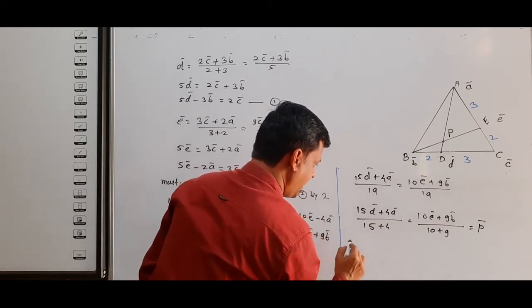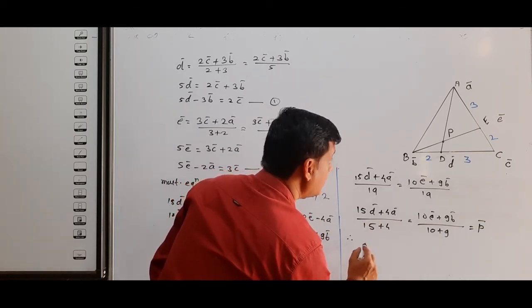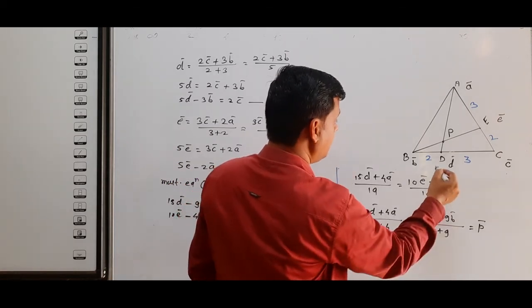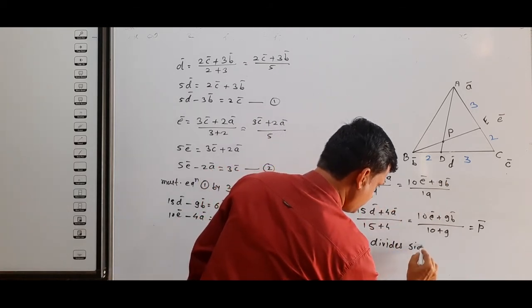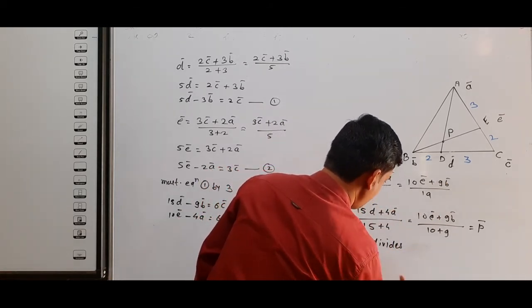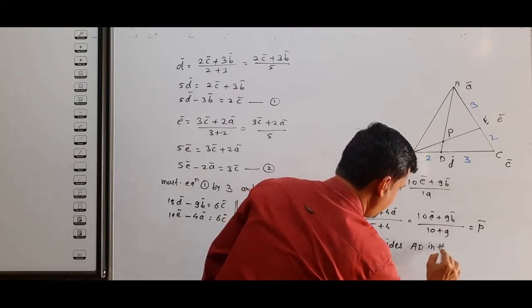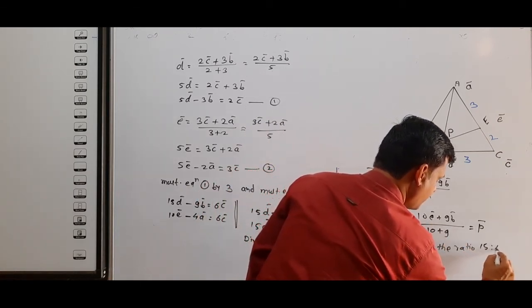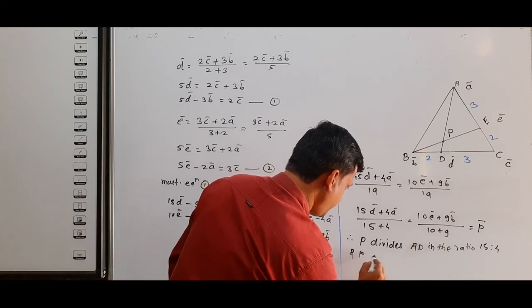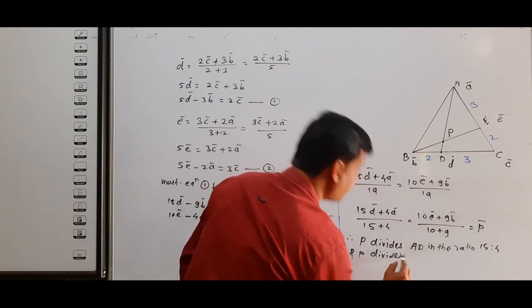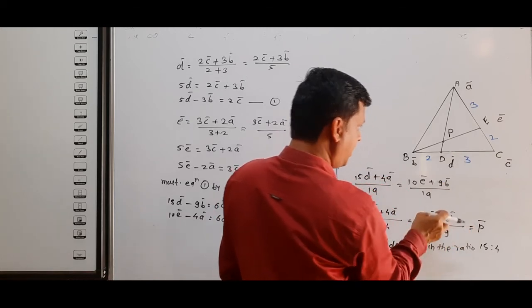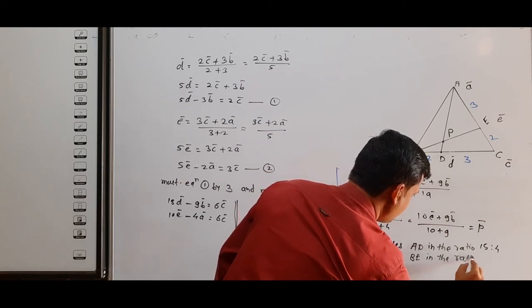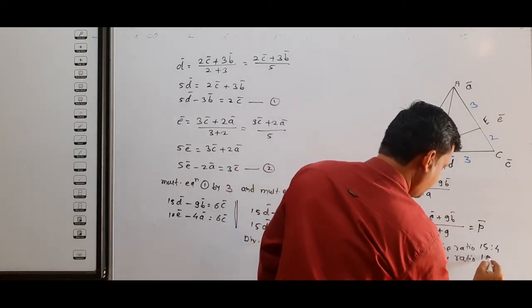So from these two we say that, therefore, P divides AD in the ratio 15:4, and P divides BE in the ratio 10:9.